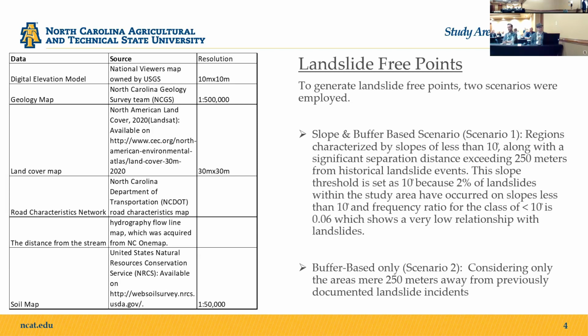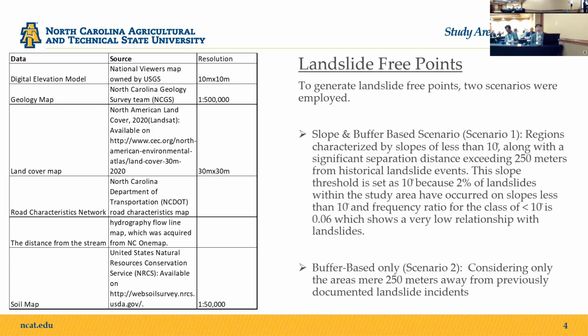Then the second scenario: some people said that in the first scenario, if we take a slope threshold, we're already telling the machine what to learn on. We're already saying slope is the major factor. Any area that has a high slope is categorized as susceptible, and anything below 10 degrees is categorized as non-landslide.